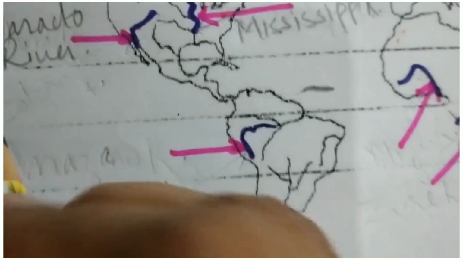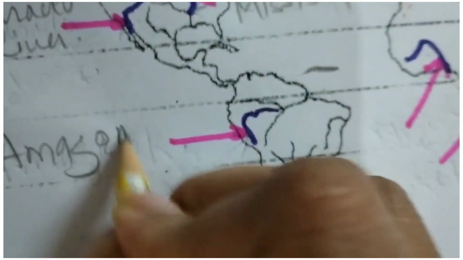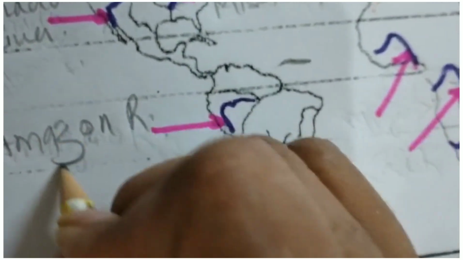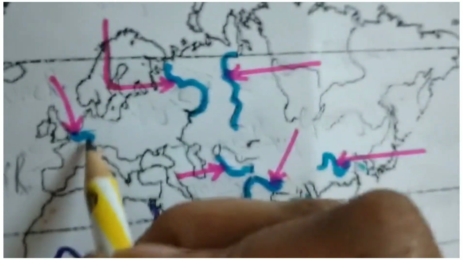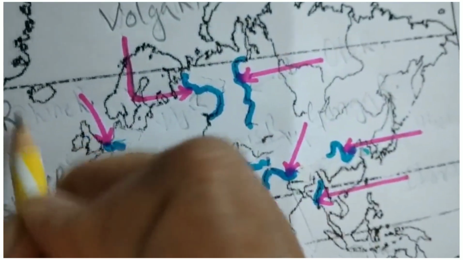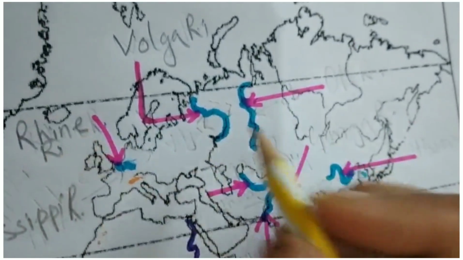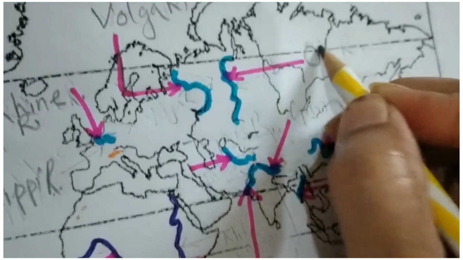Next, the third river marking, Amazon River. Next, come to Europe. The first here I mark is the Volga River. This small one is the Rhine River. This one here is the Ob River.